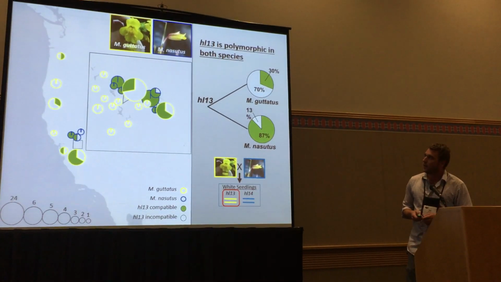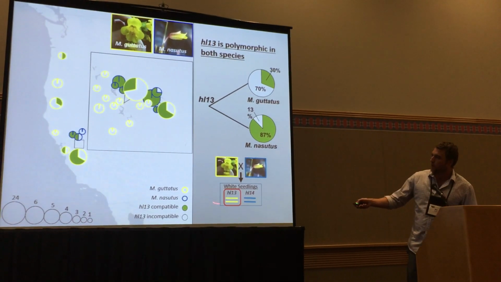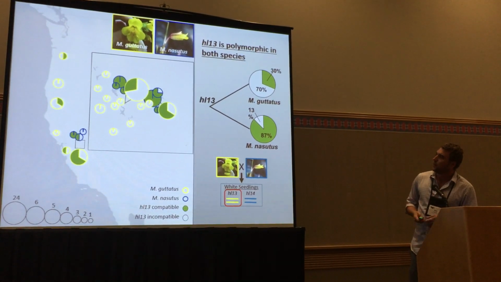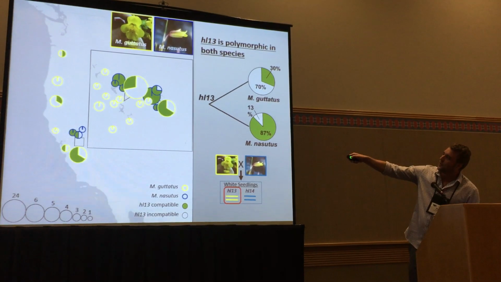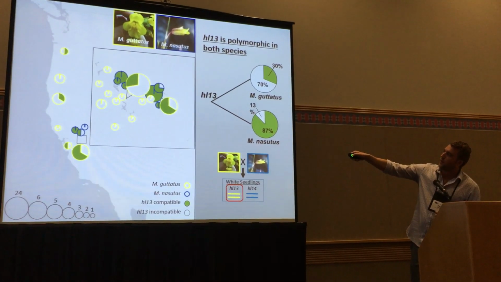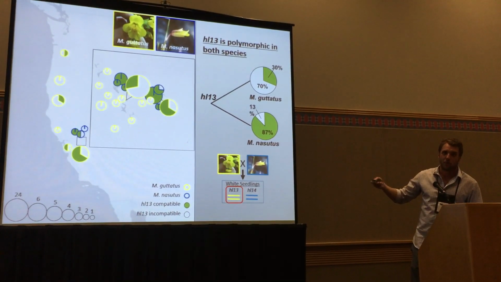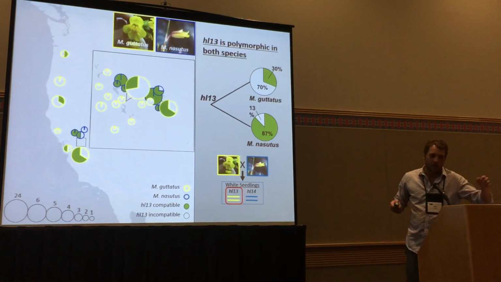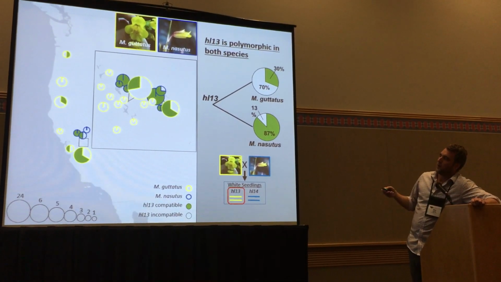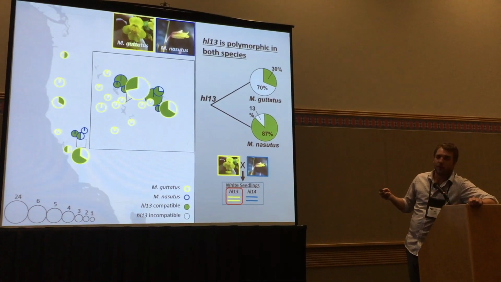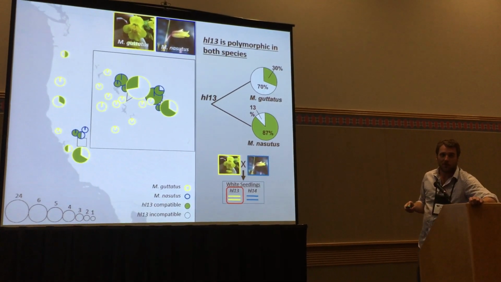Here is the distribution map for hybrid lethal 13, the one that's bad with guttatus. Yellow circles are guttatus populations, blue are nasutus, white is the incompatible allele, and green is the compatible allele, so that one's okay in the cross. What you can generally see is that this incompatibility allele is very widespread and polymorphic within the system.